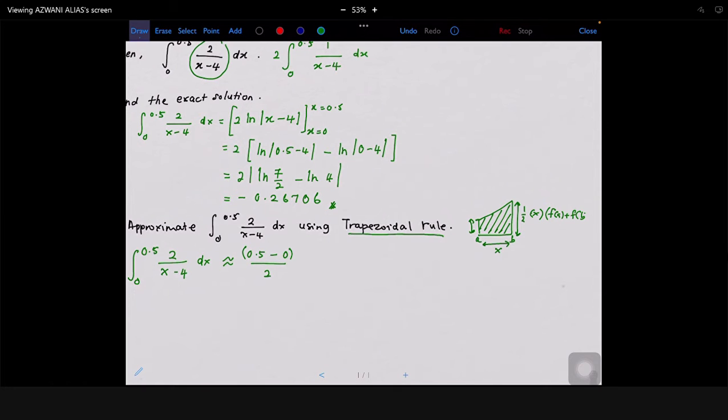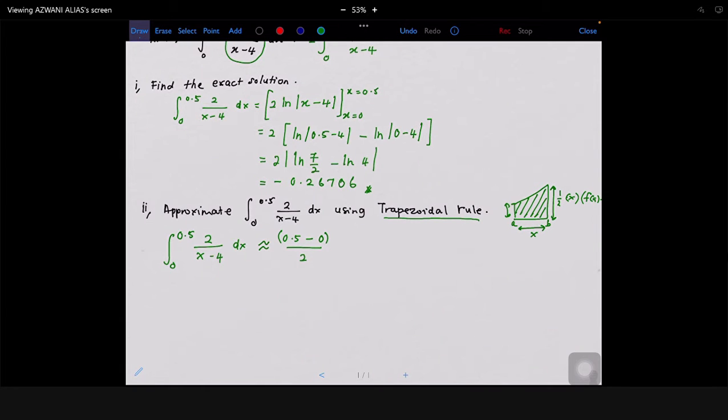Okay, so B minus A. Nak tengok jarak of X divide by 2, from the formula over 2, okay, multiply by F A. F pada 0 plus F pada 0.5. Jelas tak? So, 1 over 4, ganti for each value of 0 ke dalam function ni.